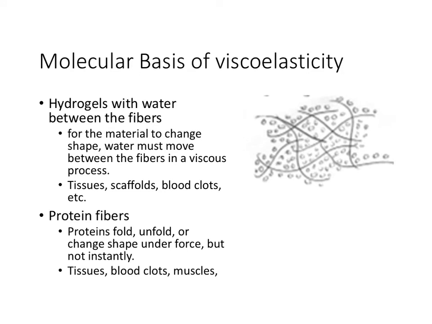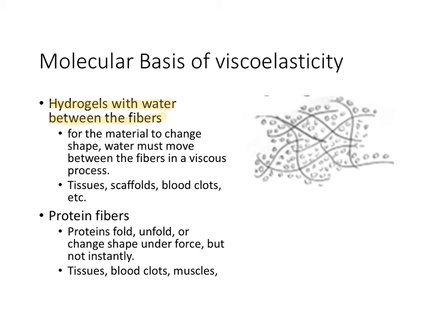So viscoelastic materials arise from a number of different molecular bases. A common type or cause of viscoelasticity is hydrogels that have water between fibers. So in these, there are fibers that move around as the material stretches, and as they move, the water has to reorganize because water only deforms by the molecules moving relative to each other, and at very small levels, there's fairly high viscosity for water to move when it's so constrained.